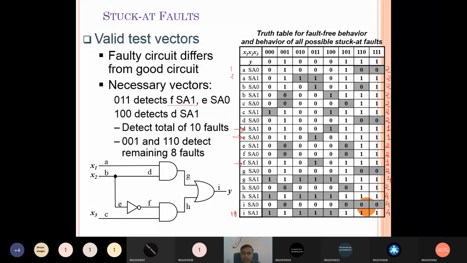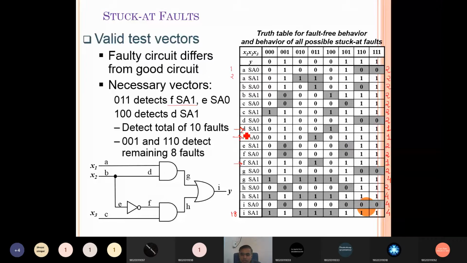For the rest of the 7 combinations, the faulty and fault-free outputs are the same, so we cannot detect using them. We can detect only with one particular test pattern. Now we have to see which combination can detect the maximum out of F stuck at 1, E stuck at 0 and D stuck at 1.